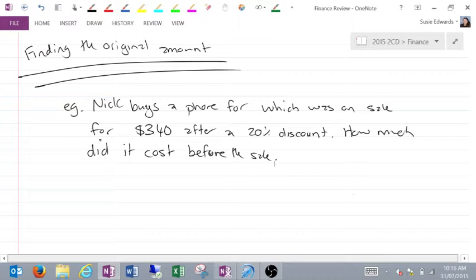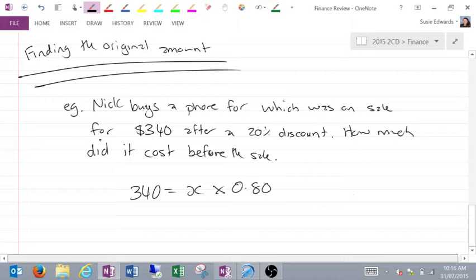It's 20% of this unknown amount. What we're pretty much saying is $340 equals our unknown, what we don't know, times by 0.8. Because to get that 340, we did a percentage decrease of 20%. Everyone see that? So we had this amount, which we times by 0.8 to get to 340.